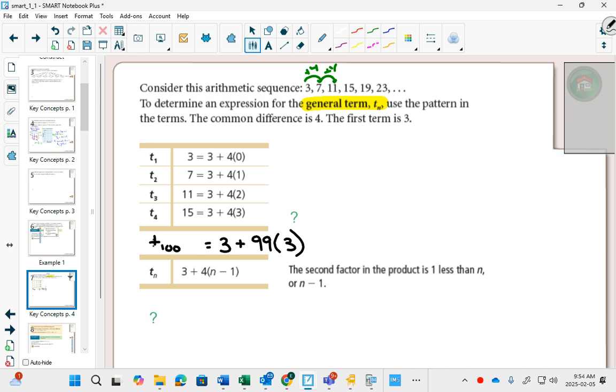By using a big number like 100, the pattern is really easy to see: that number there is 1 less than 100. Does that make sense as far as patterns go?